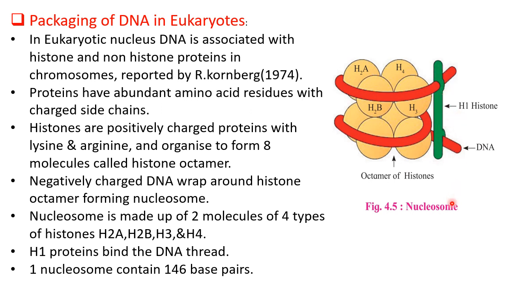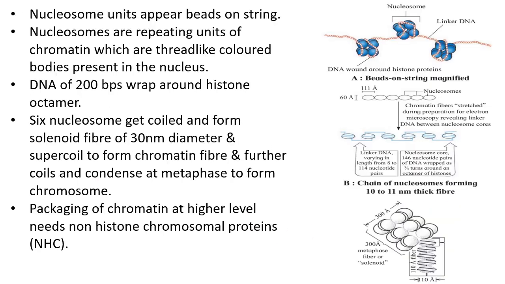So it is a nucleosome unit. Nucleosome units appear like beads on a string. Now here we see nucleosome units and they appear as beads on a string or thread.